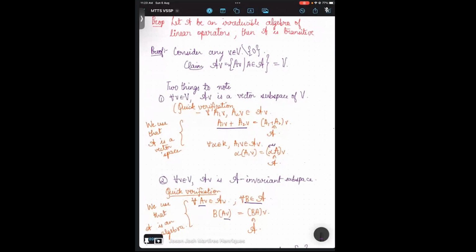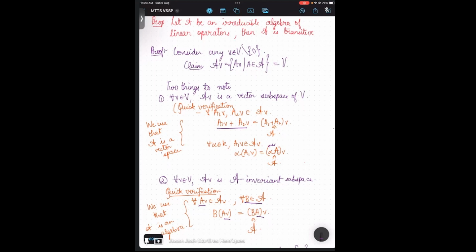I again use the fact that since A is an algebra, the scalar multiplication as well as the star map that I have, that is the multiplication of vectors map, behave well with each other. So I can write it in this way. Now B is from the algebra, A is from the algebra, which implies that B dot A is from the algebra.